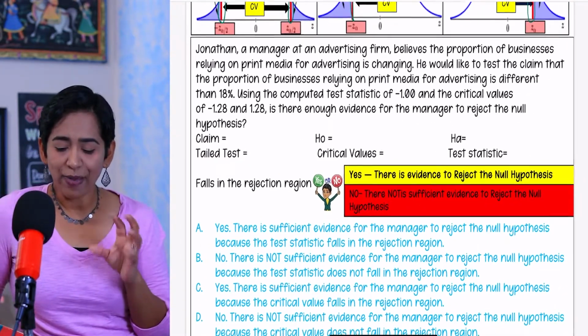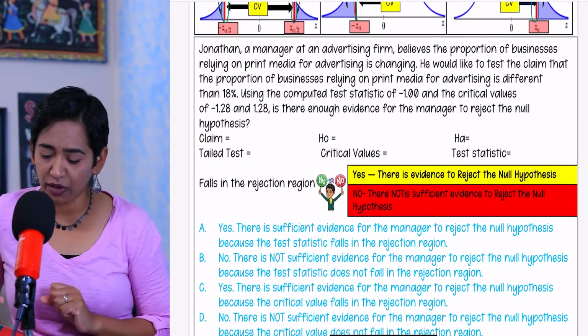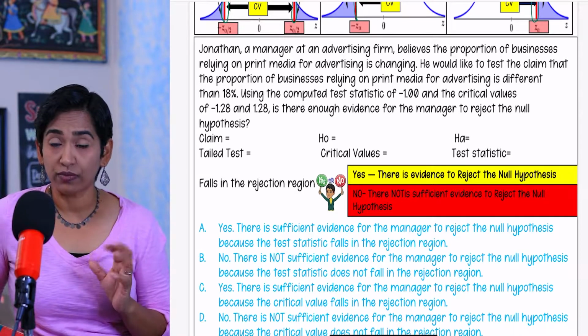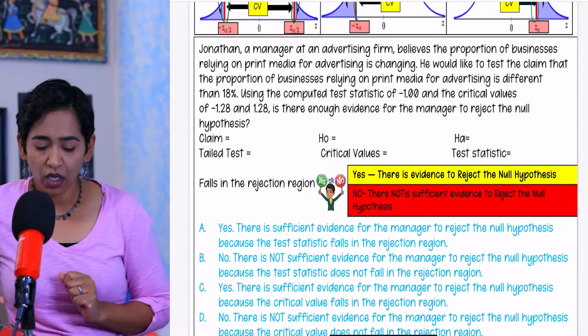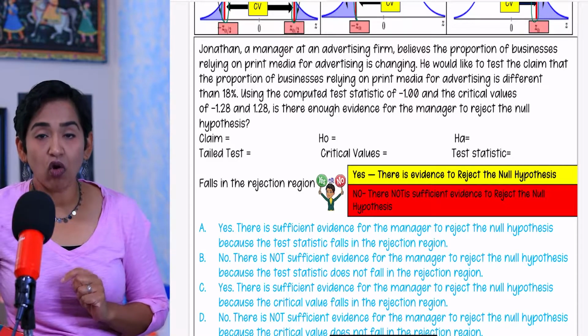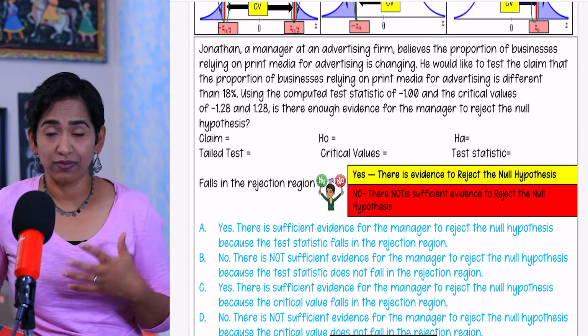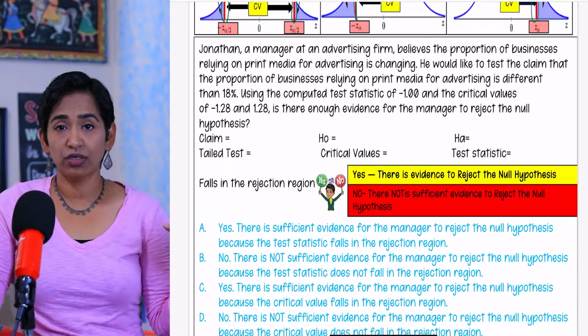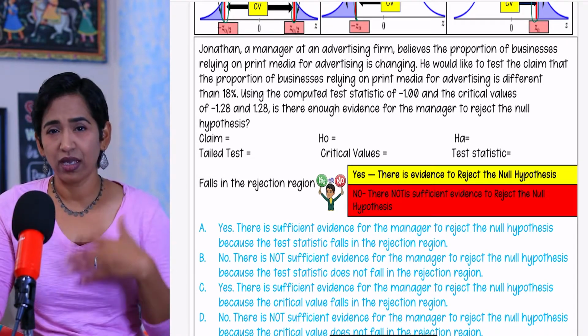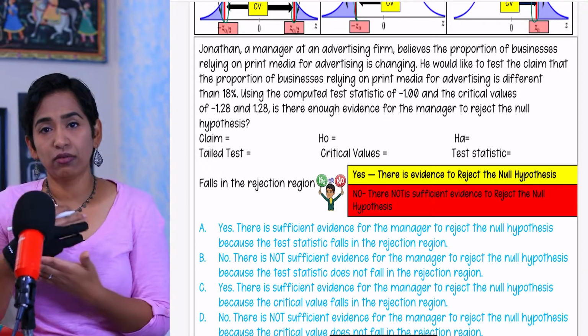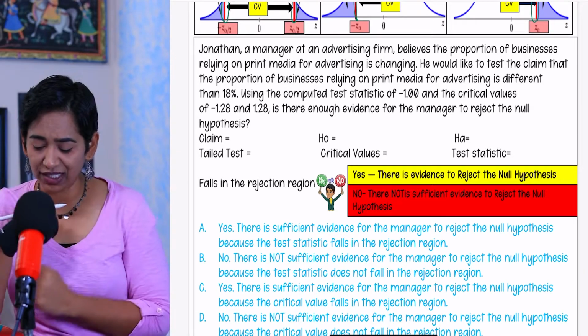Jonathan, a manager at an advertising firm, believes the proportion, again P, of businesses relying on print media for advertisement is changing. Of course, it's changing because we have social media, we have everything else. So business totally on print media definitely is changing.